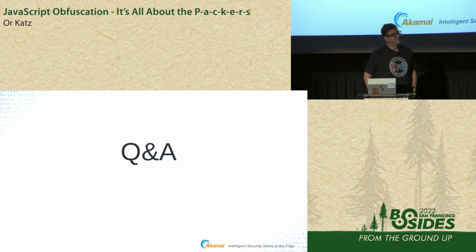So I question your belief that it's expensive to expand these to the point of the eval and actually look at the content and decide if it's malicious or not. Although it's great that you tried to recognize obfuscation, I think you actually have to take it to the point where you look at the content to figure out if it's malicious or not.